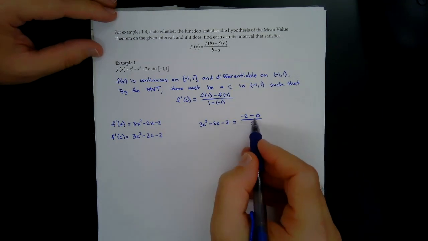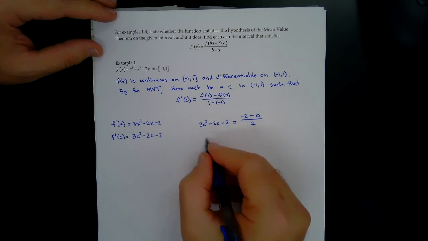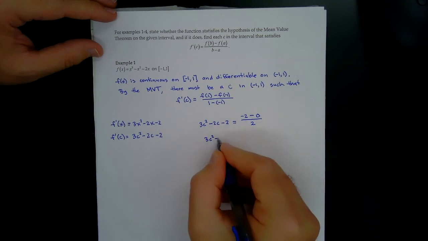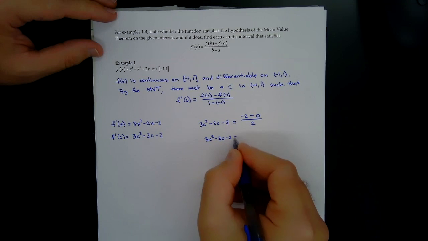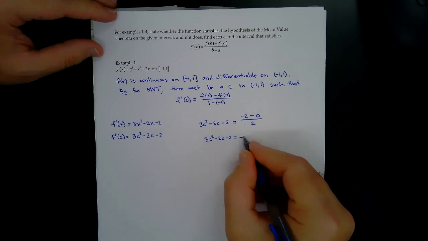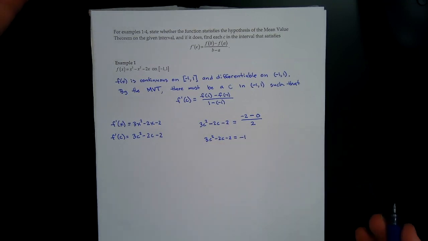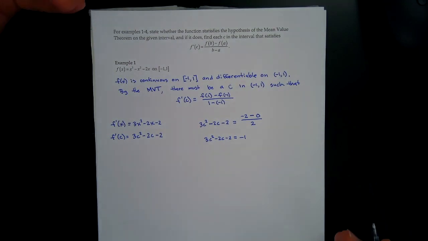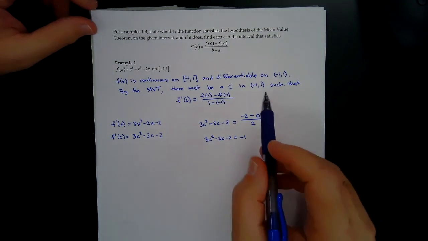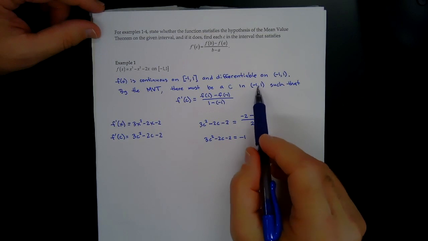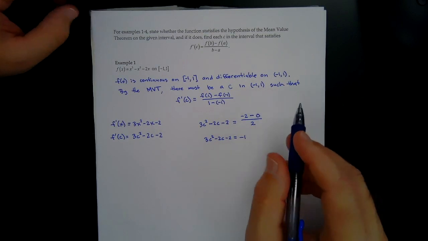So negative 2 minus 0 is negative 2 over 2. That's 3c squared minus 2c minus 2 equal to negative 1. Now we need to solve this, and the c value that we get has to be between negative 1 and 1, but not at the endpoints.